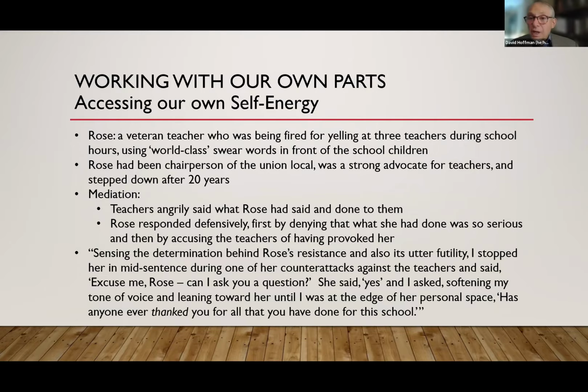And then Ken writes, sensing the determination behind Rose's resistance and also its utter futility, I stopped her in mid-sentence during one of her counterattacks against the teachers and said, "Excuse me, Rose, can I ask you a question?" She said, "Yes." And I asked, softening my tone of voice and leaning toward her until I was at the edge of her personal space, "Has anyone ever thanked you for all that you've done for the school?"